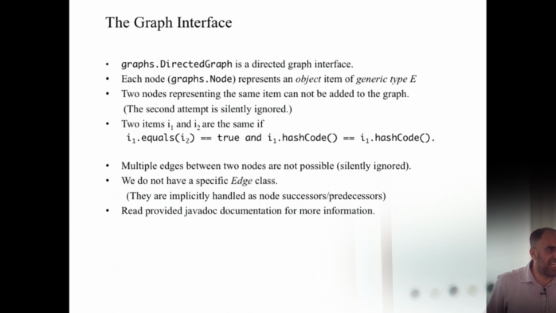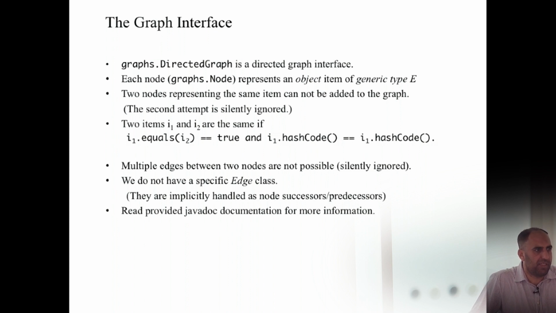So if a node has been added already, it should simply ignore it or give some kind of exception that the node is already added. And multiple edges are not allowed. If there is already an edge between two nodes, then you cannot add a new edge. There is no specific class for the edge.